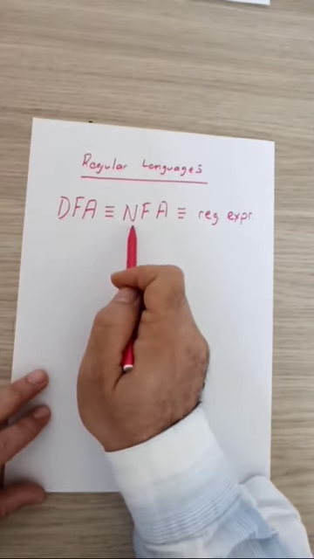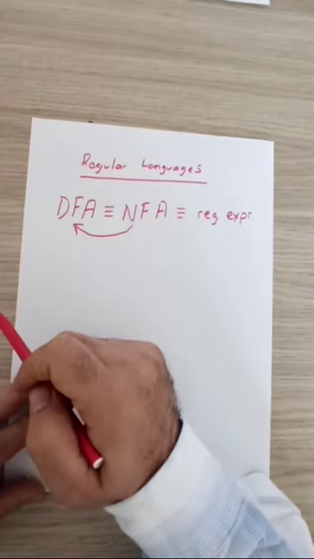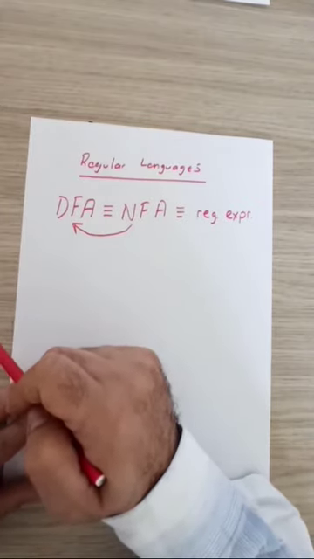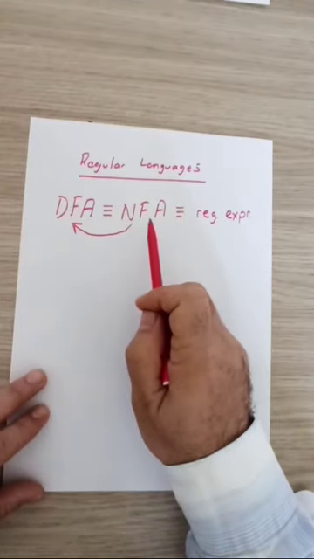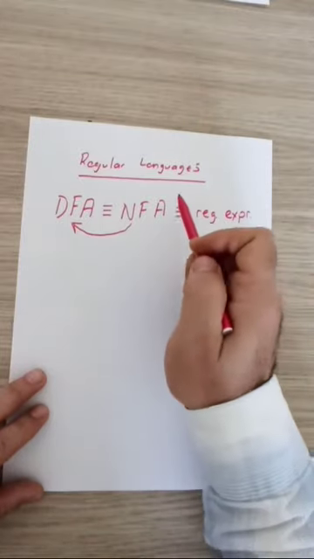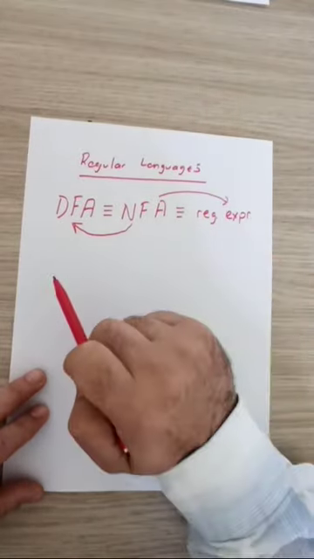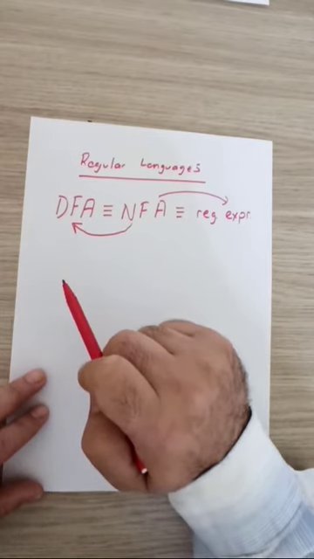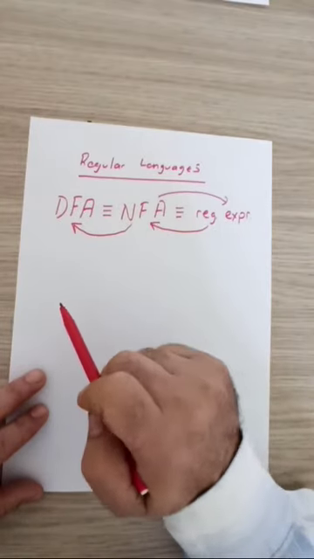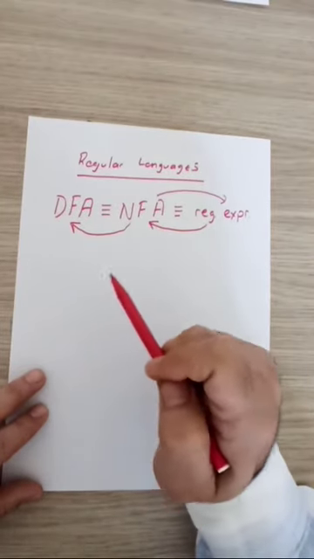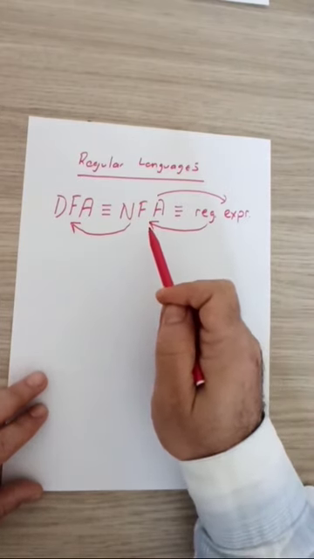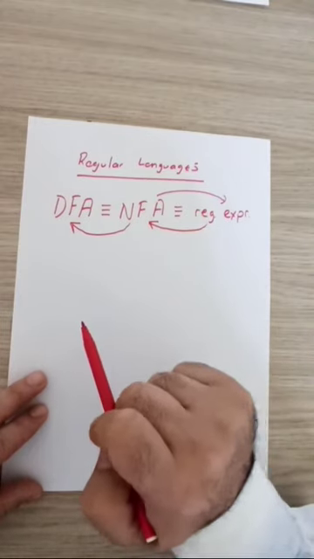For the other direction, we have seen an algorithm to convert a given machine in the NFA model into an equivalent machine in the DFA model. Similarly, given a machine in the NFA model, we have seen an algorithm to convert it to an equivalent regular expression, and vice versa. Given a regular expression, we have seen a conversion algorithm that converts it into a machine that recognizes the same language as the regular expression.